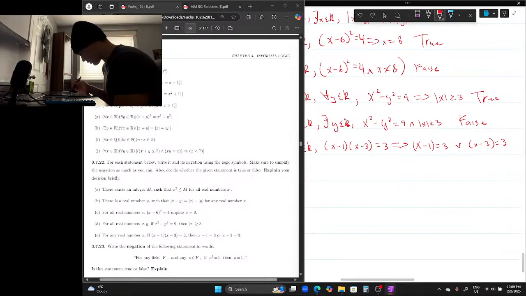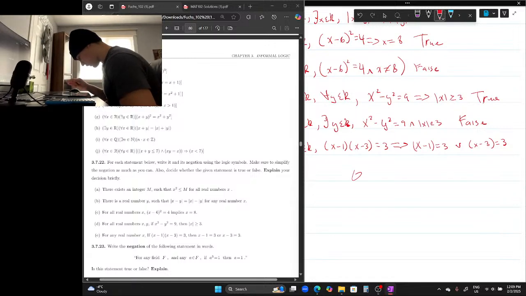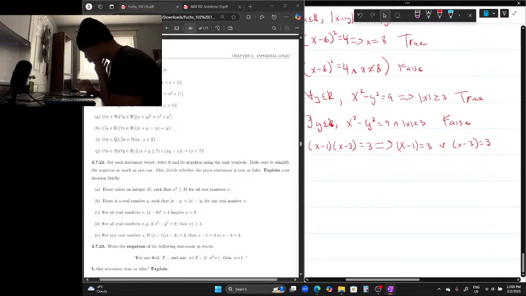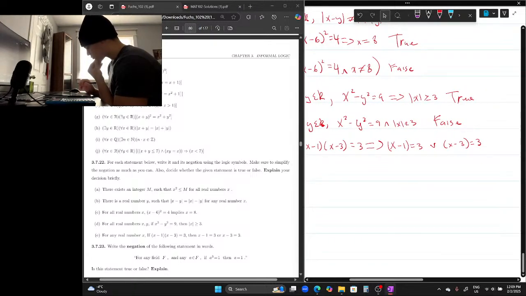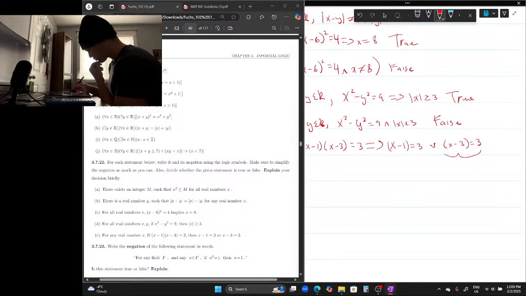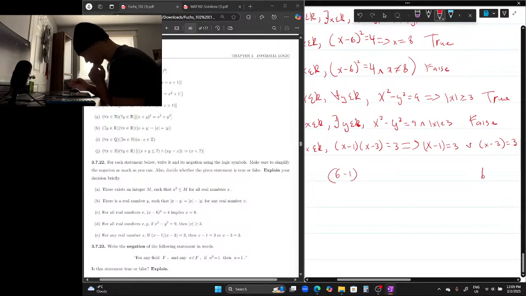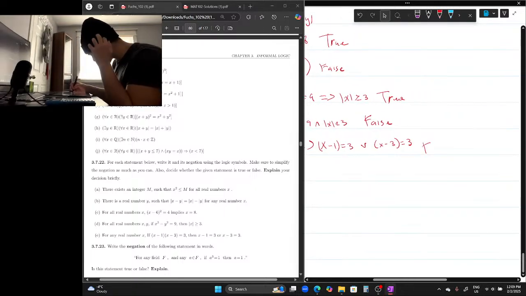So this is equal to 3. The only thing that would make this equal to 3 is x equal to 0. This has to be negative. It has to be 6. So 6 minus 1, so 5 times 3 is not. So this statement is false.